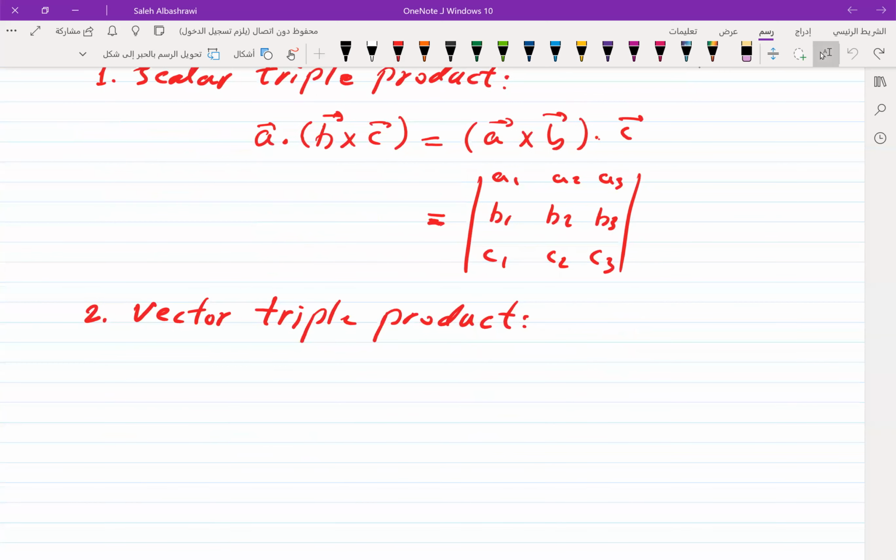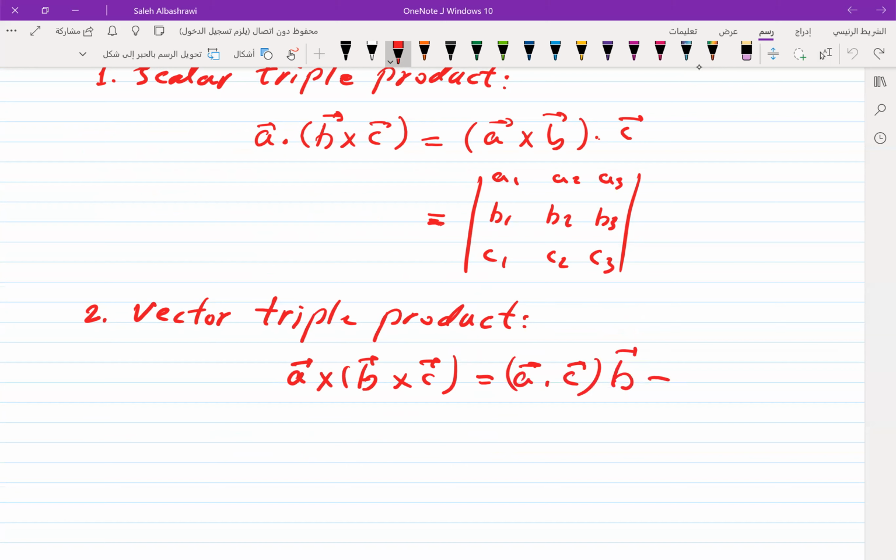If we want to find A cross B cross C, this can be done by A dot C times B minus A dot B times C.